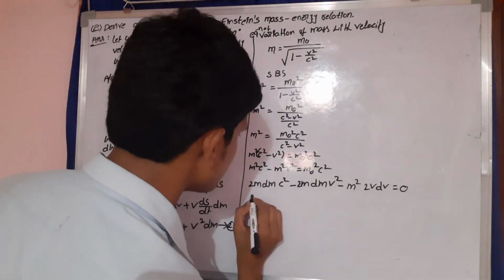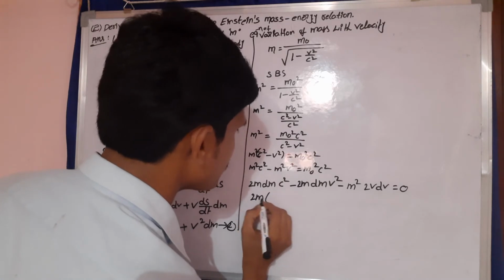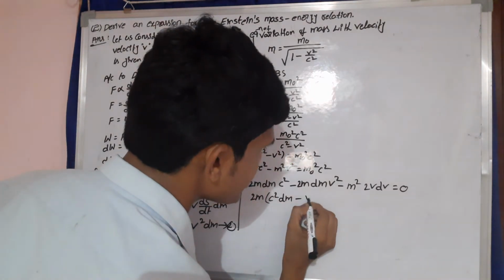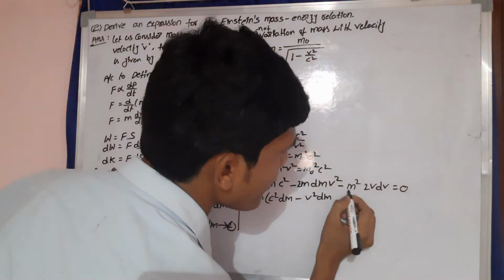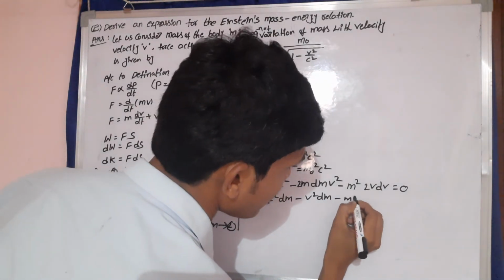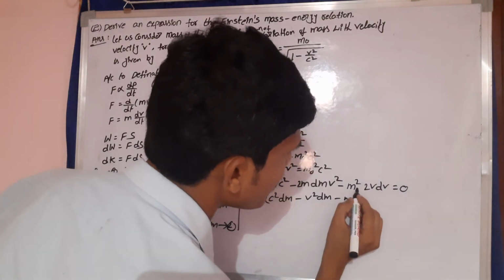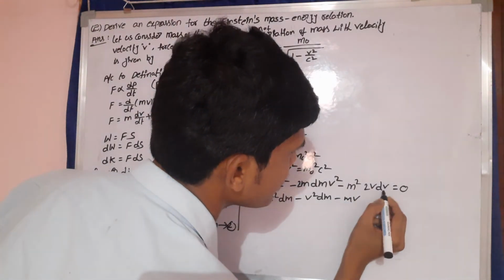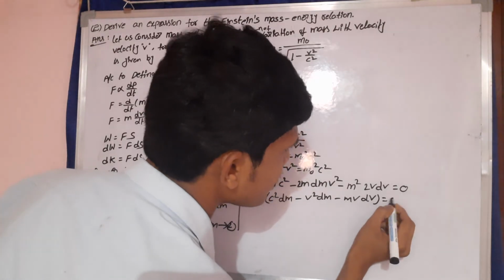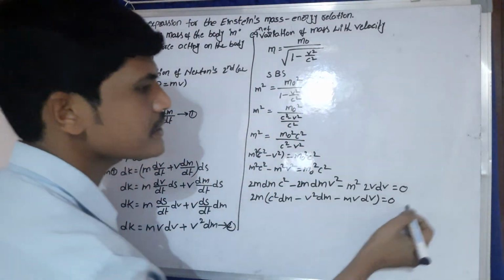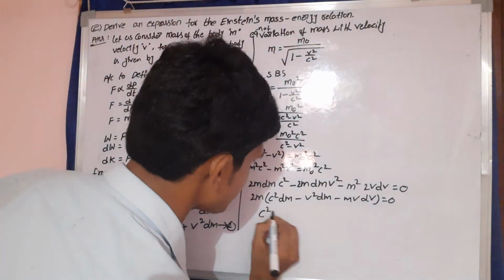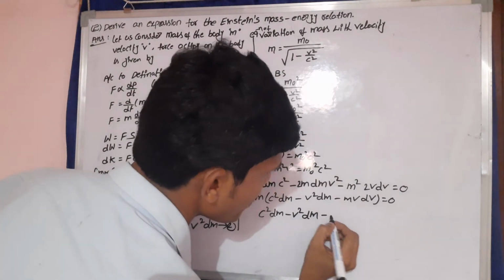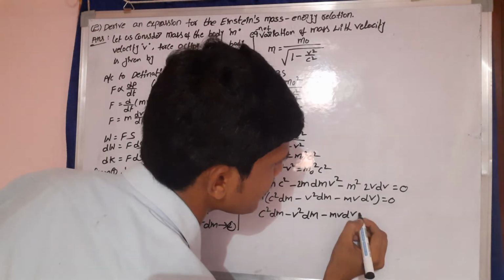So these all terms have a common factor 2m: c square dm minus v square dm minus mv dv equals 0.